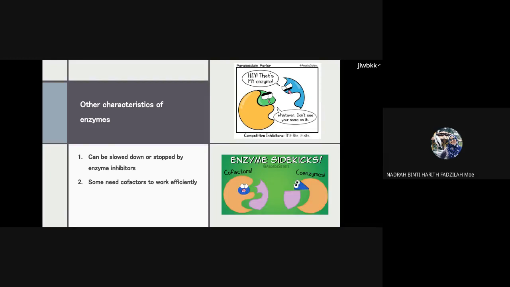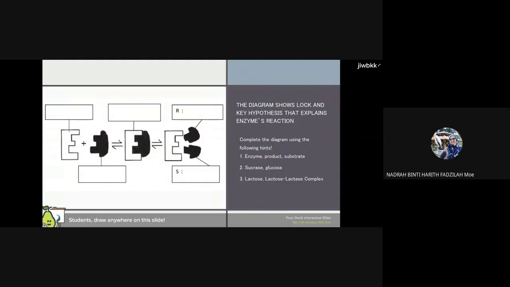Okey anak-anak, mari kita cuba satu soalan yang menggunakan pengetahuan lock and key model. Okay, so pertama sekali kita buat complete the diagram using the following hints. Gunakan hint yang pertama dulu. Cuba labelkan dekat mana enzyme, produk dengan substrate.